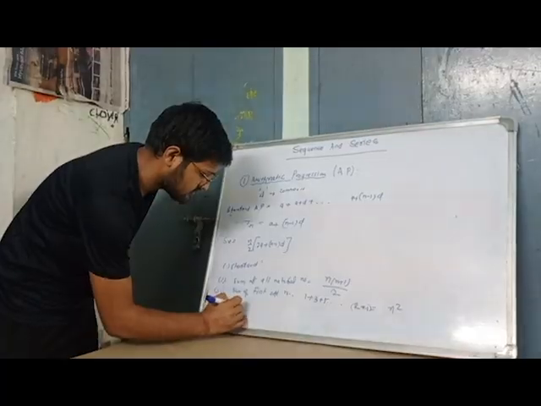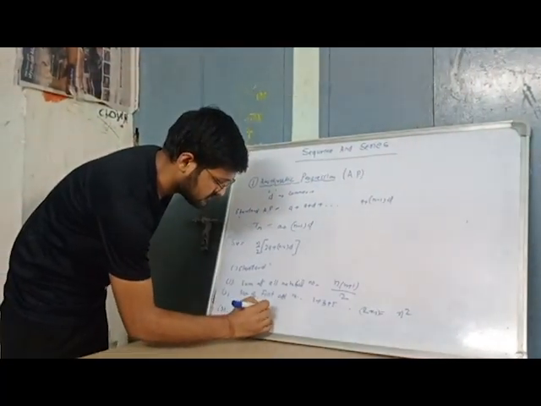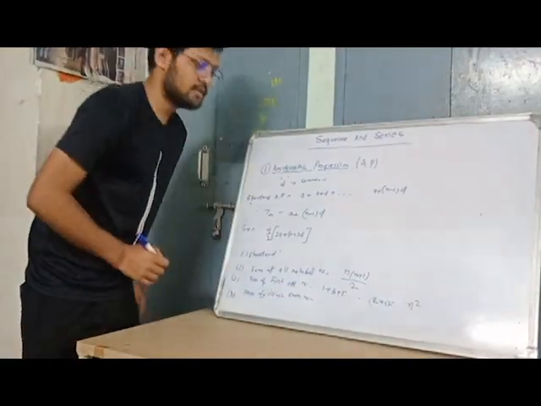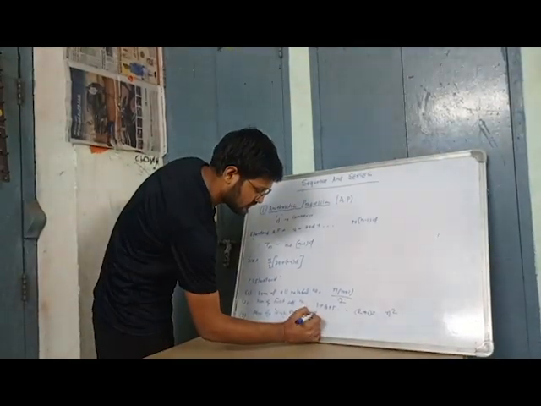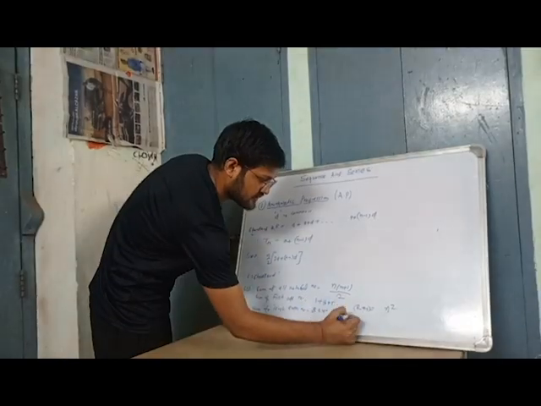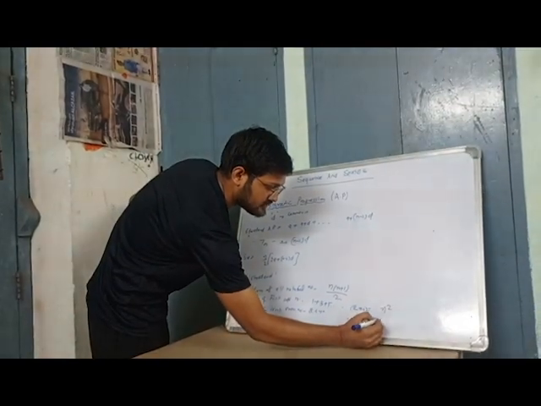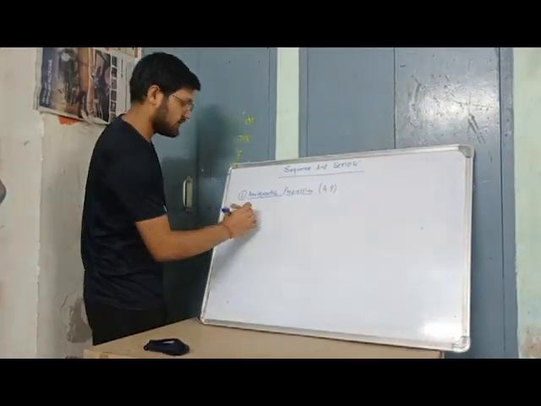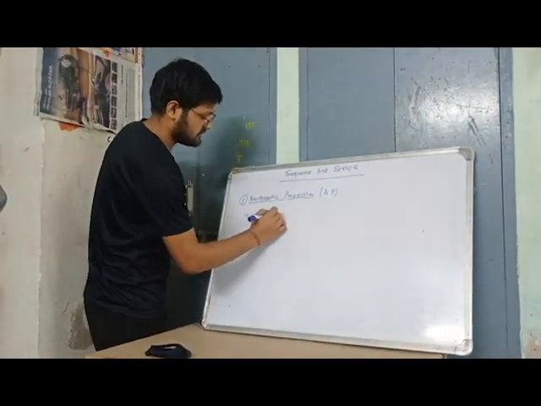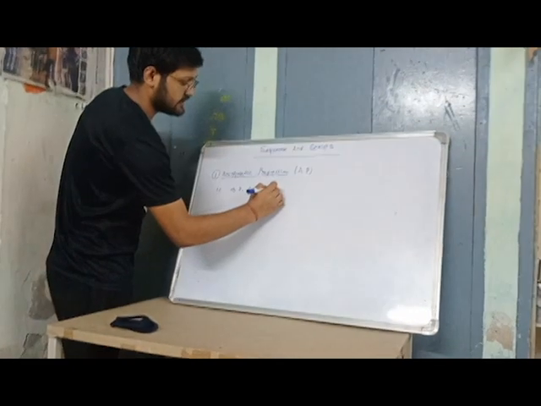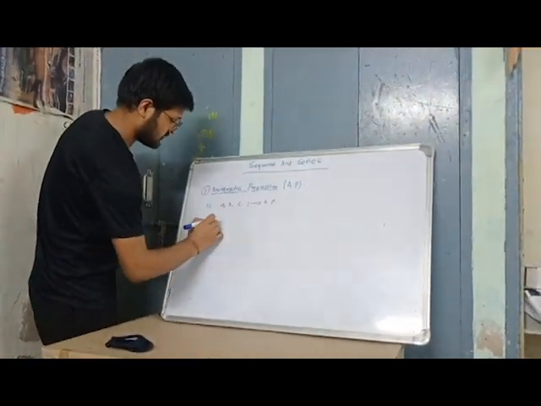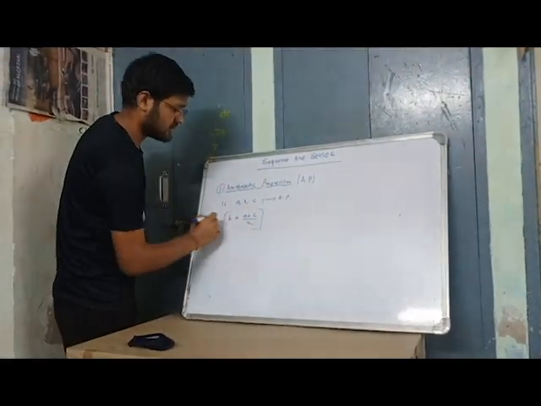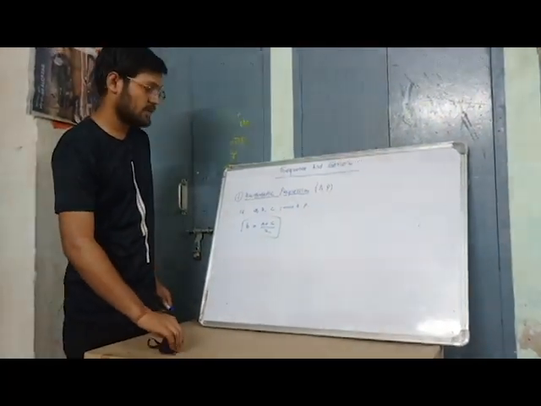And the sum of the first n even numbers, 2 plus 4 and so on, will be n into (n plus 1). Also there is a property of AP. If a, b, c are in AP, then they also follow this relation, which will help us to solve questions on AP.